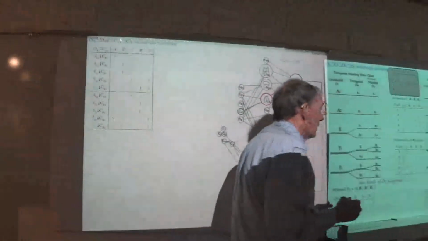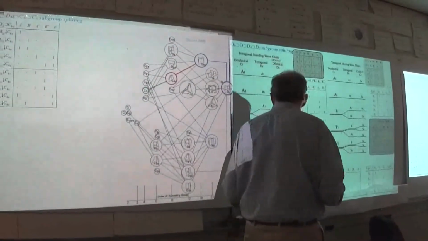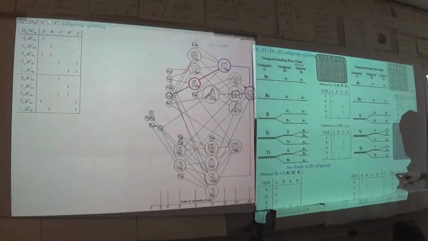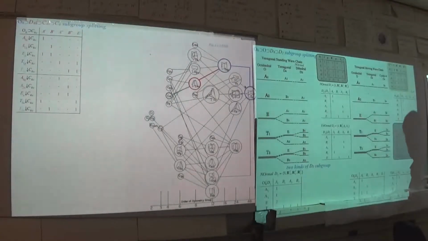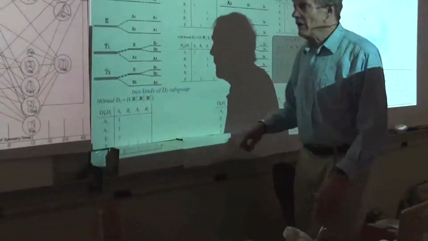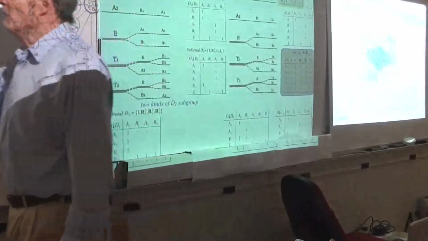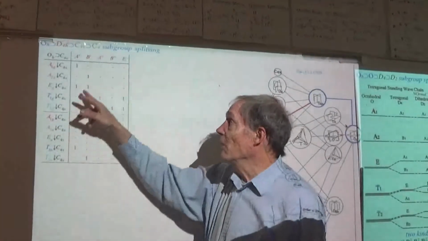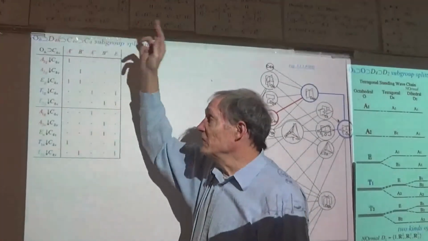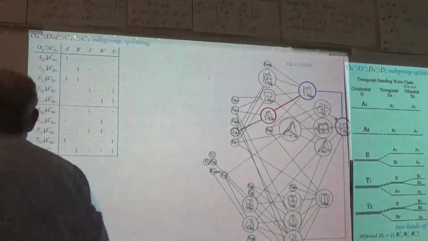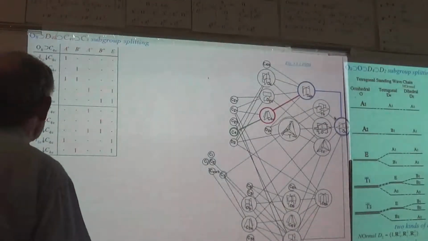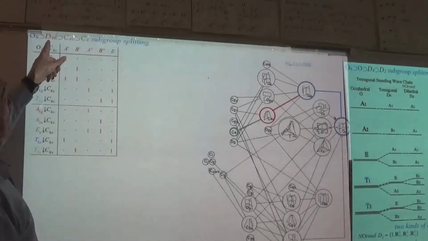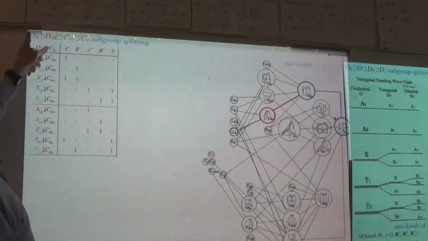Compare the correlation table that we'll be using here today that involves C4. The correlation table octahedral to C4 consists of an A1, an E, and a T1 for the scalar representation. Now this is the scalar representation of a C4V group, which is a subgroup of D4H, and then finally going to OH.